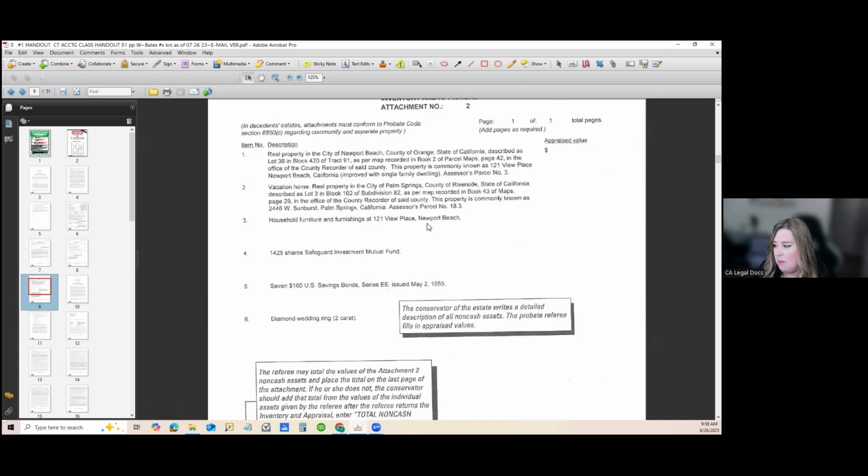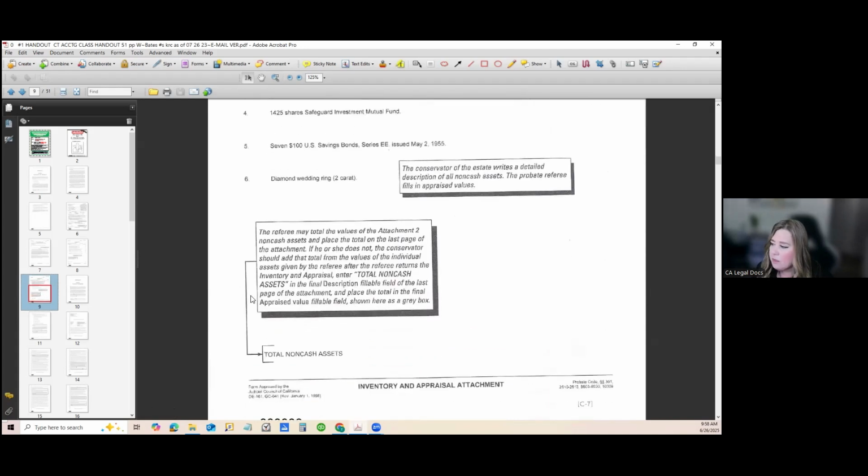Basically, you're telling that probate referee whether it's a sellable car or a car with value, or is it really just an abandoned vehicle in the backyard that, even if somebody tried, is going to take a whole lot of money to get up to a good condition. Make sure you state all of that on your inventory and appraisal, because that helps the probate referee determine value.